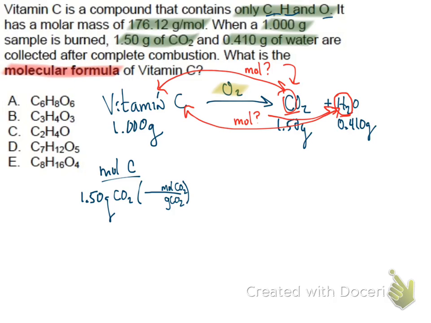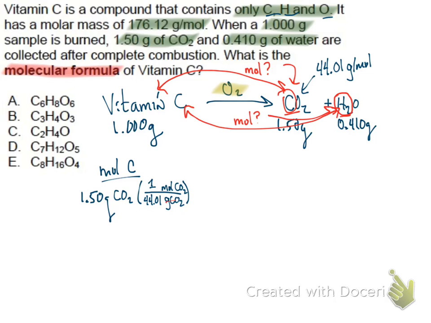We can do that by figuring out the formula weight, or the molecular mass, of CO2, which when we add up the atoms is 44.01 grams per mole. That's 2 16ths from the oxygen plus a 12 from the carbon. Alright, so then we have 44.01 grams of CO2 for every 1 mole of CO2.